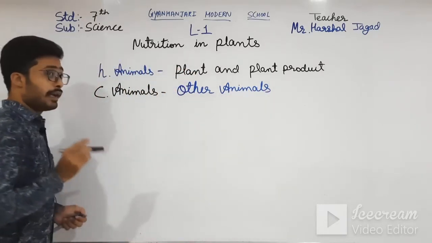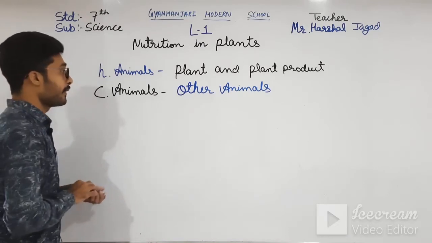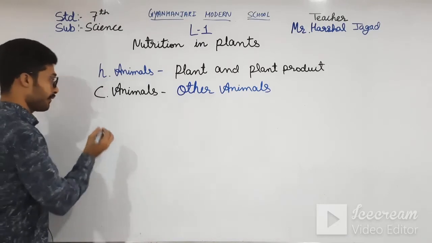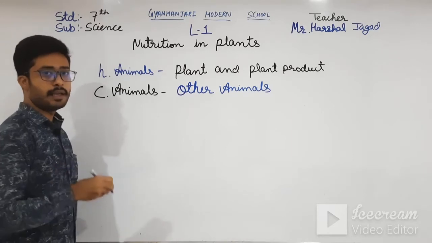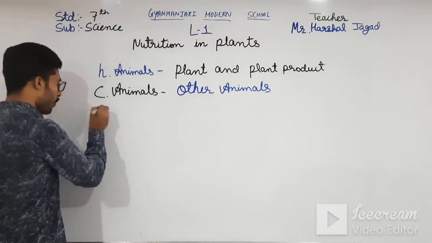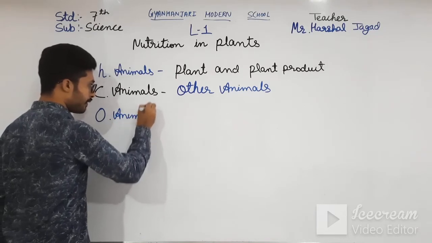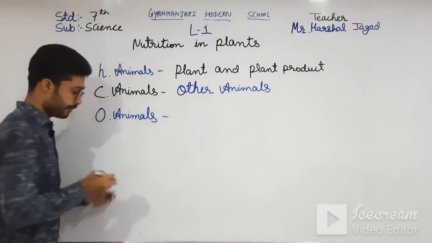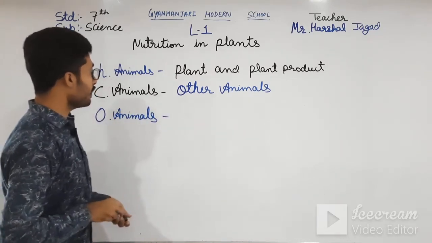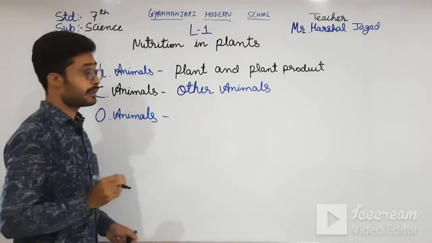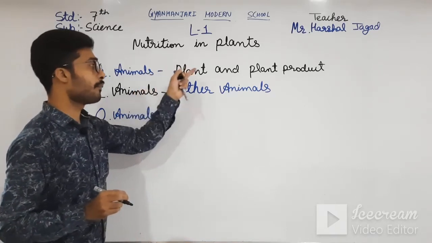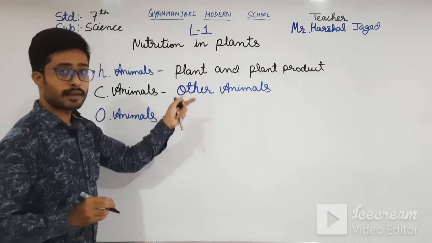And there is another type, we will say omnivorous animals. You have studied omnivorous animals in the previous classes. Okay students, what do omnivorous animals eat? They eat both plant product and other animals.